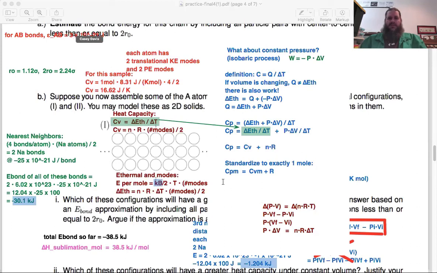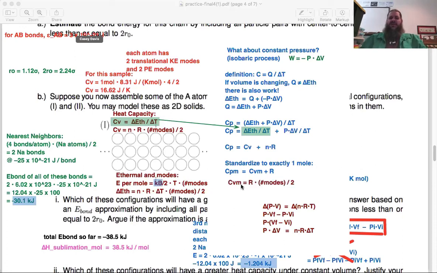And likewise, the molar constant volume heat capacity, that's just what we found earlier, N times R times number of modes over 2, but with N being exactly 1, that'll be just R times number of modes over 2.